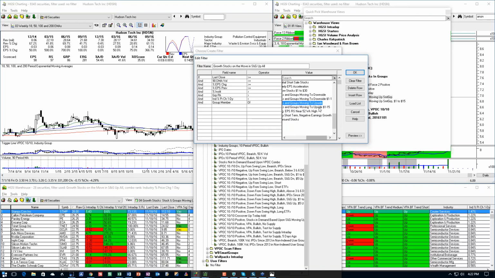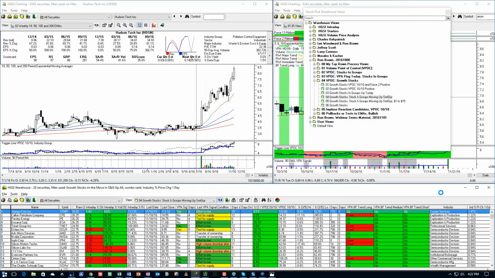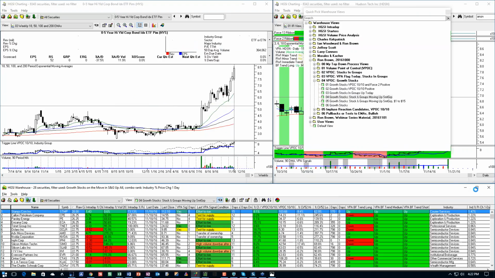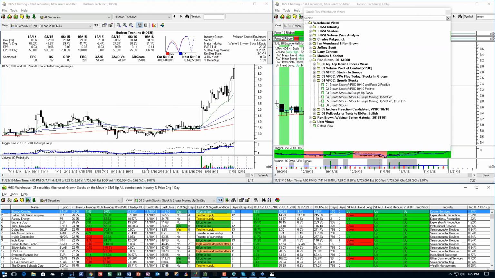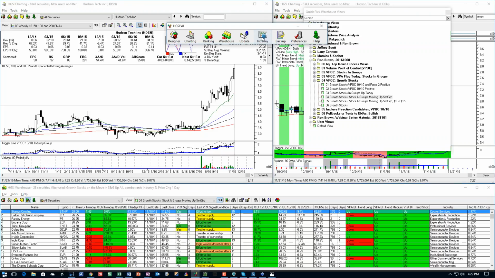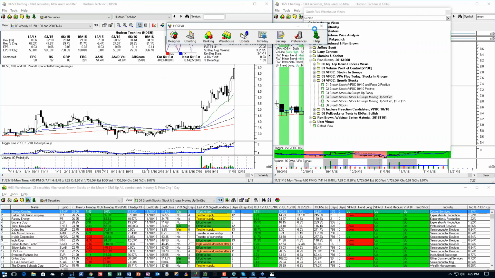Now, I chose stocks and groups moving to the upside because I wanted a quick screen of stocks that appeared in the smart group. I should turn off that. Oh, it's on manual. Okay.